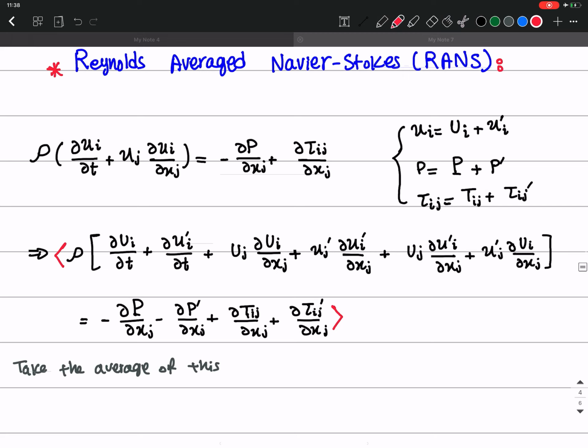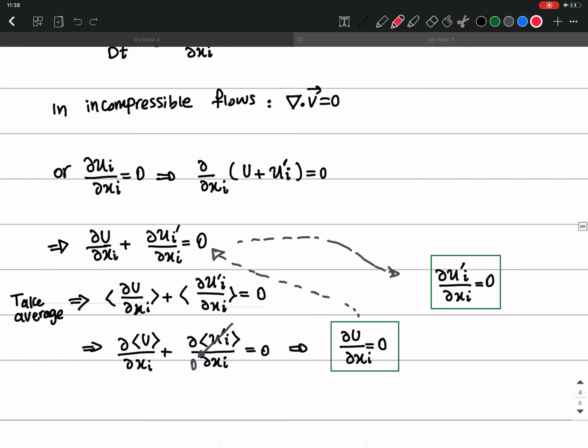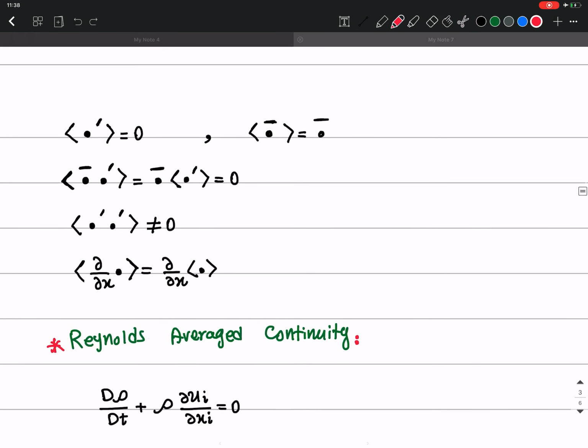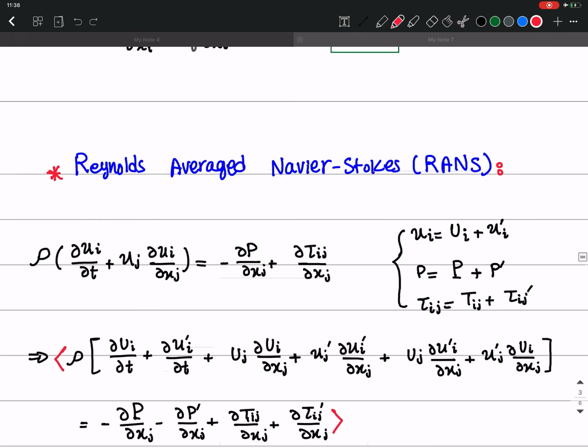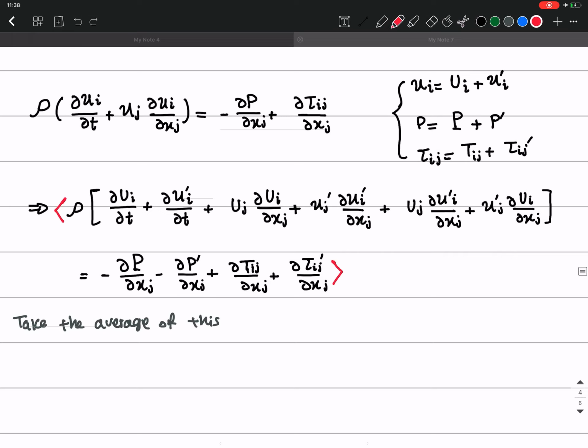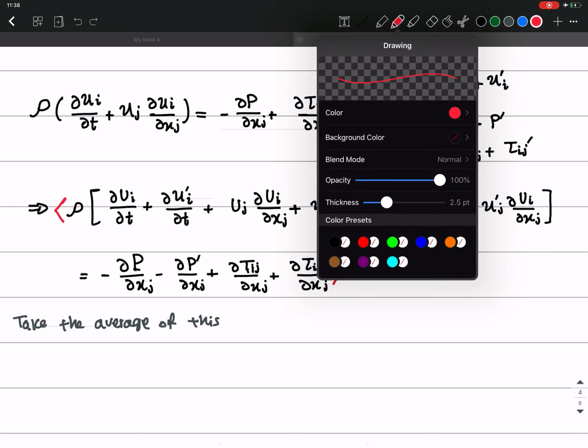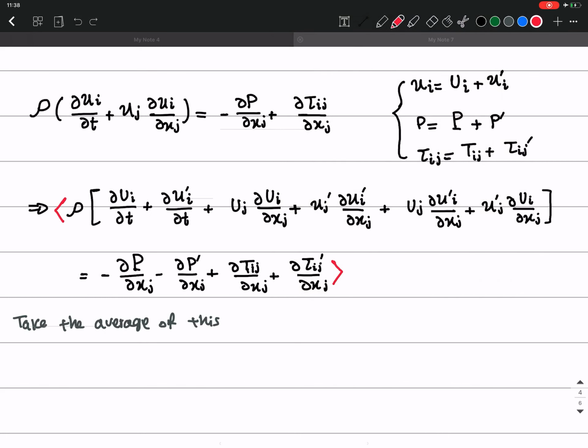For example, this term, we know from past that we can just separate it and put the average inside the derivatives, and then this is a fluctuation term. So this term is going to be 0. Similarly, this term is going to be 0, and this term is going to be 0.